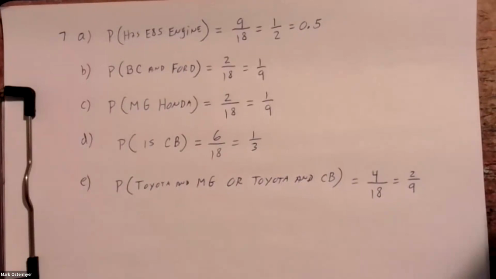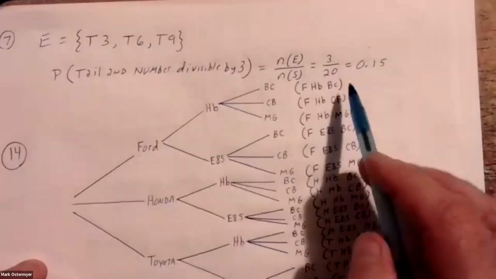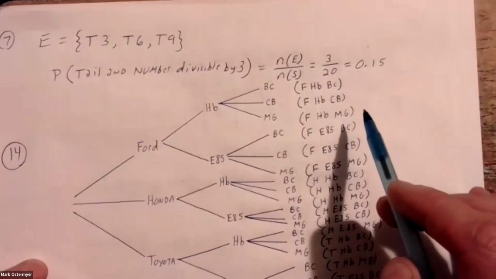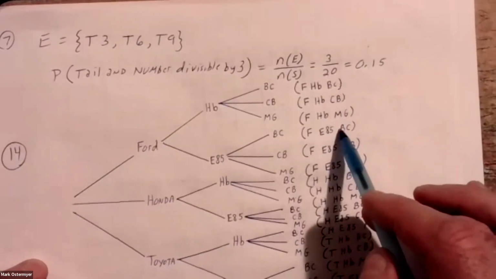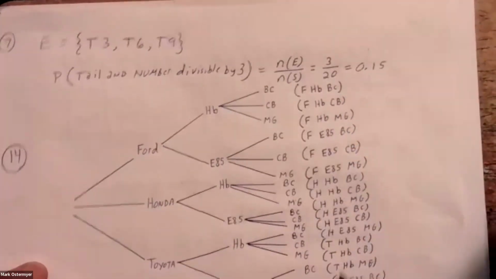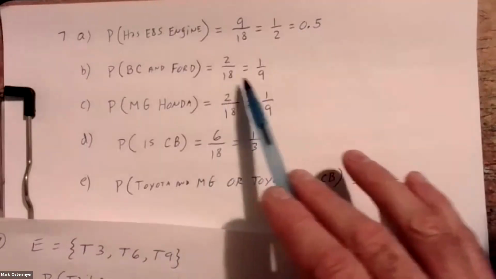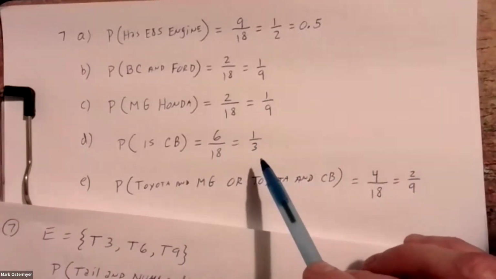What's the probability of selecting a burnt copper Ford? Well, how many Fords are burnt copper? Here's a Ford burnt copper, and here's a Ford burnt copper. So 2 outcomes out of 18 outcomes. 2/18, 1/9 is the probability of selecting a Ford with burnt copper.